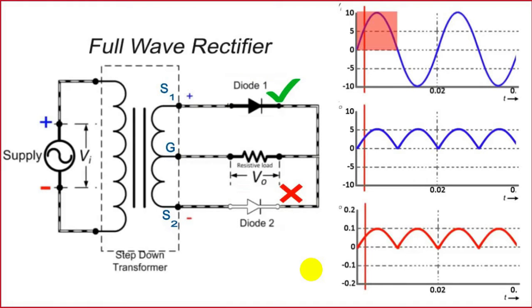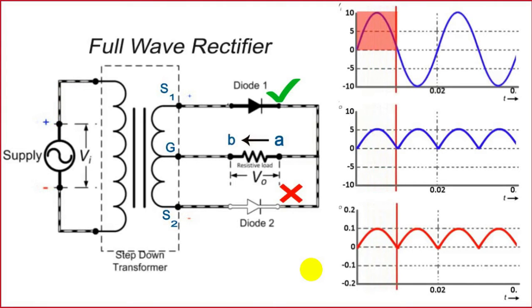Diode 2 is reverse biased, so it does not allow the current to flow. So look at over here, current is flowing through diode 1 from point A to B. That's the positive half cycle of the input AC voltage.